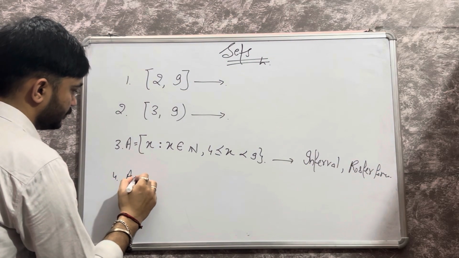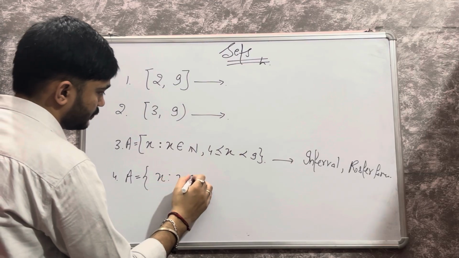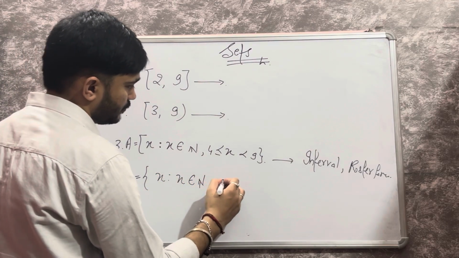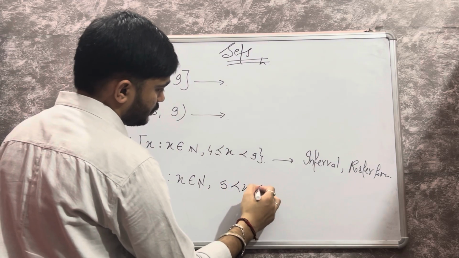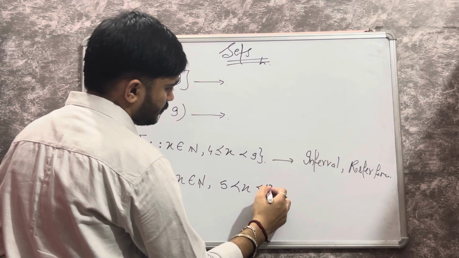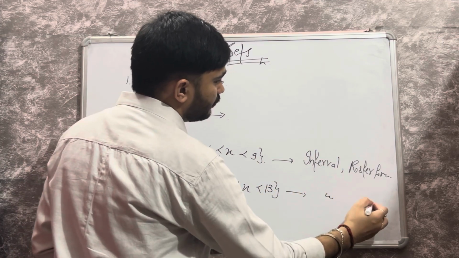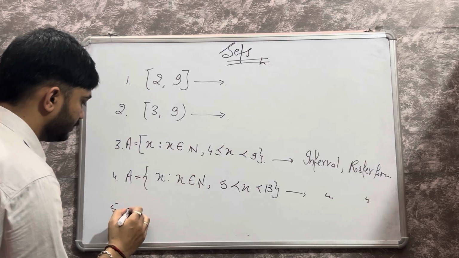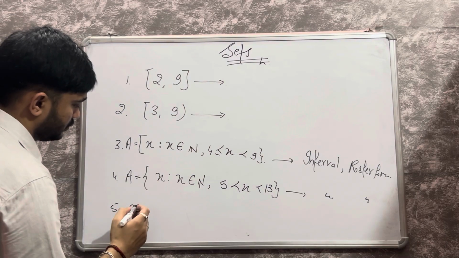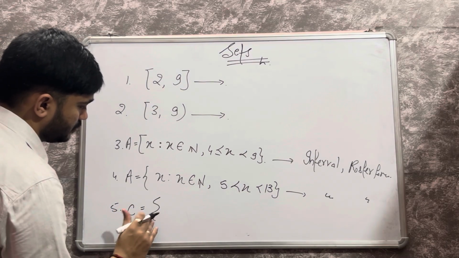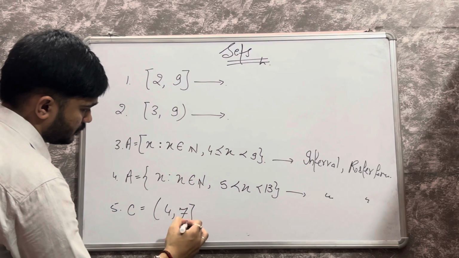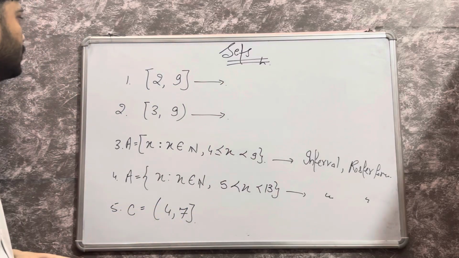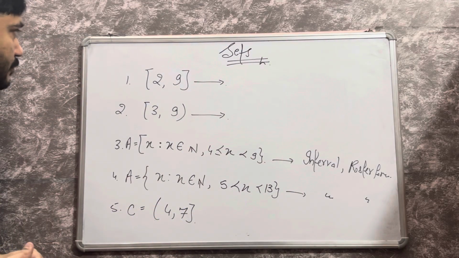Fourth. Convert this into intervals and roster form as well. And 5, the last question. Convert this into set builder form and roster form. Please take the screenshot if you want.